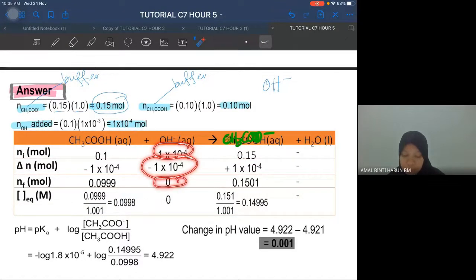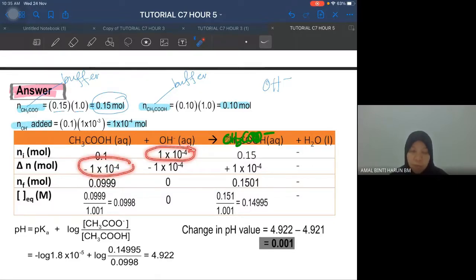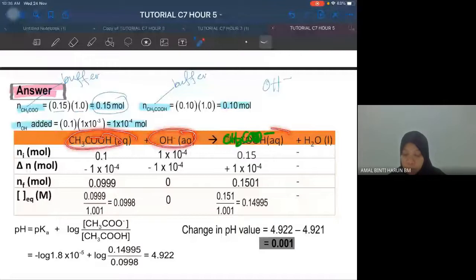Banyak mana base yang kita letak, banyak itulah kita akan gunakan acid itu. So, acid akan berkurang sebab dia nak neutralizekan OH minus. Finally, the concentration of acid is 0.999 and then the combination of this one and this one will produce salt. So original salt banyak ni, sekarang bertambah sebanyak ini dan final number of mole of salt is this one, 0.1501.